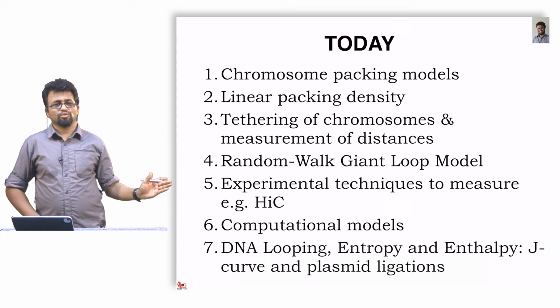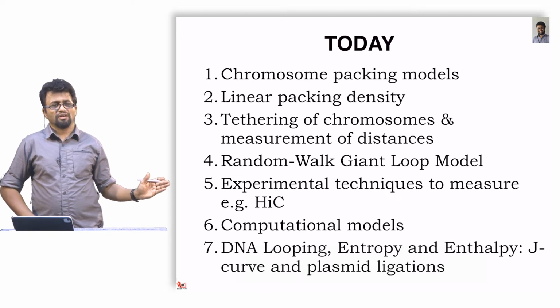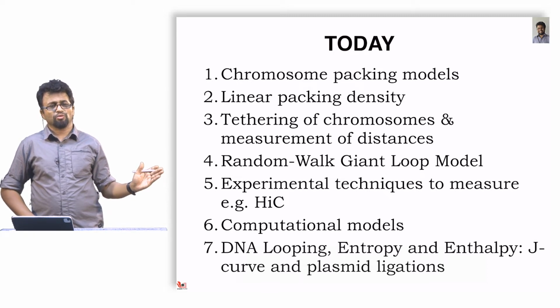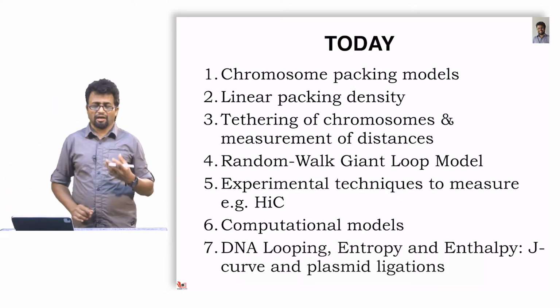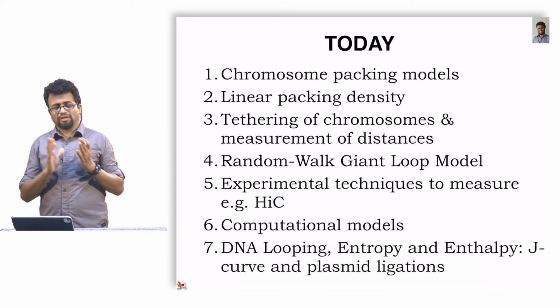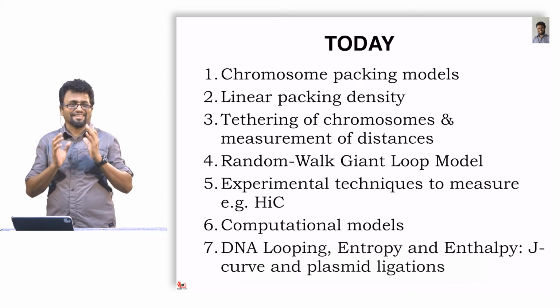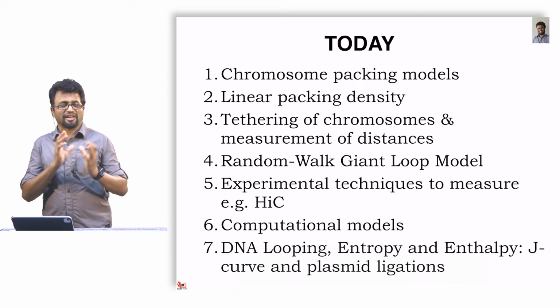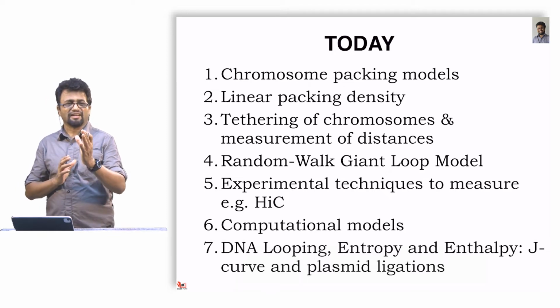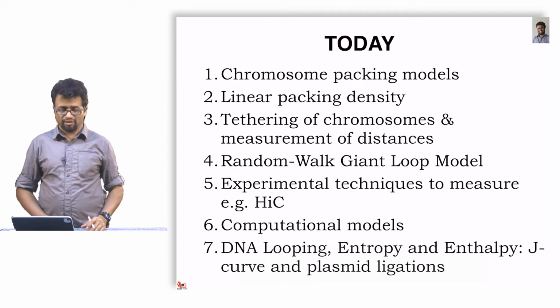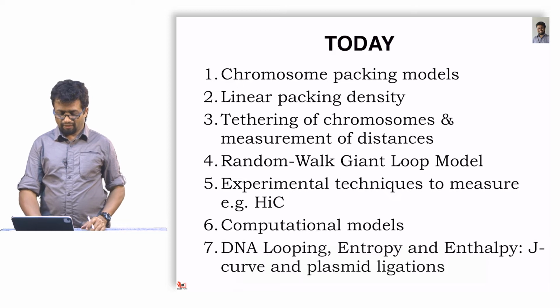And then we will go on to some methods that have become very powerful, called Hi-C or chromosome conformation capture. These allow a bioinformatics approach to be applied to a polymer mechanics problem. This is really fantastic. This is technology that is driving our understanding and allowing us to test the physical principles of chromosomes and chromosome packing.